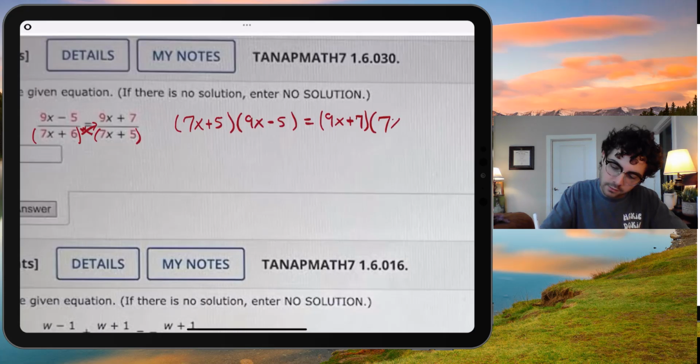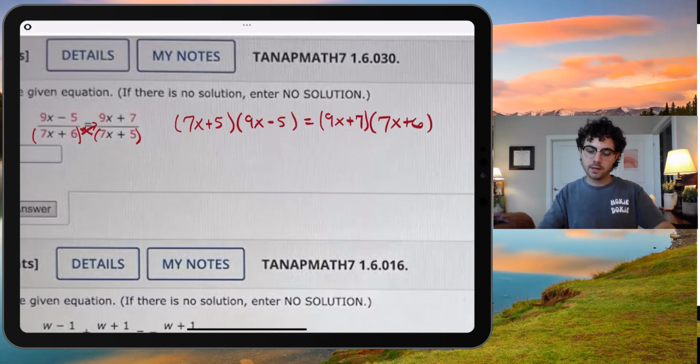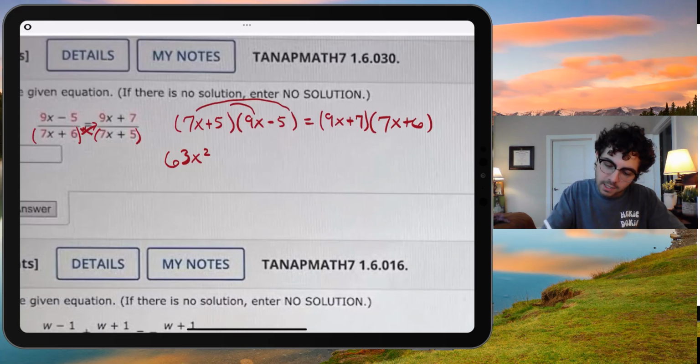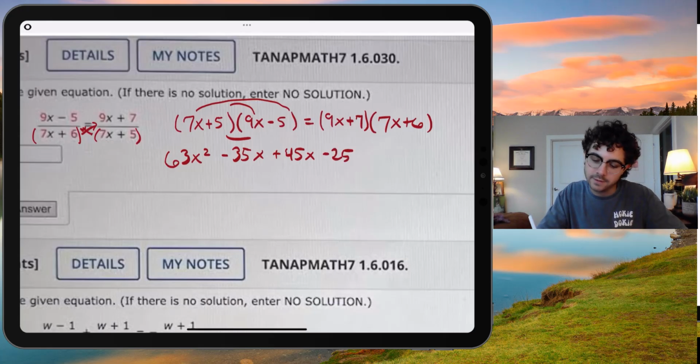Let me make sure I have the signs right here. 9x minus 5, 7x plus 5, 9x plus 7, 7x plus 6. Good. Now, we've got to distribute everything, multiply everything out. 7 times 9, 63, x squared. 7 times negative 5, so negative 35x. 5 times 9 is 45x minus 25. 5 times 5.